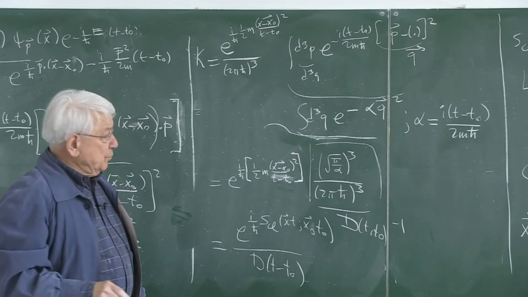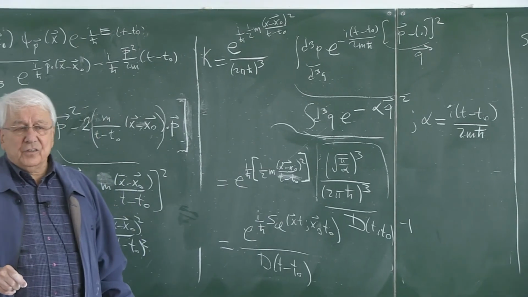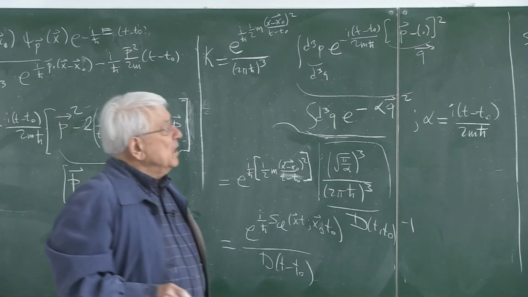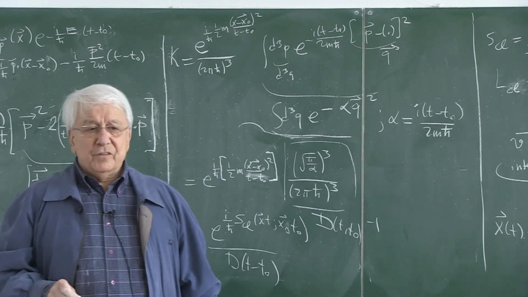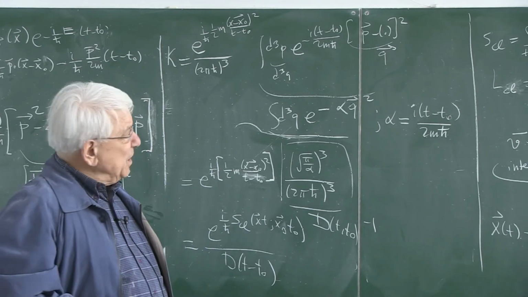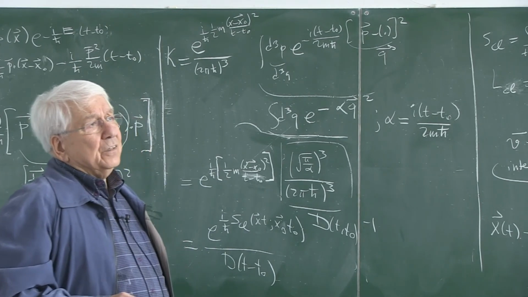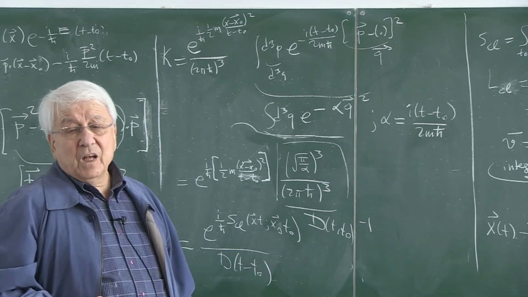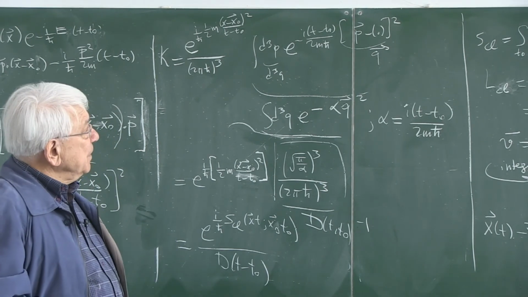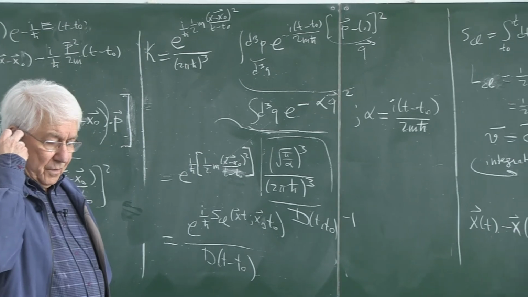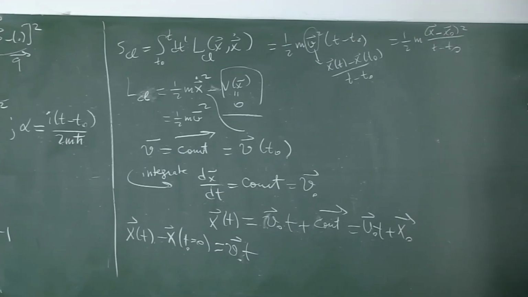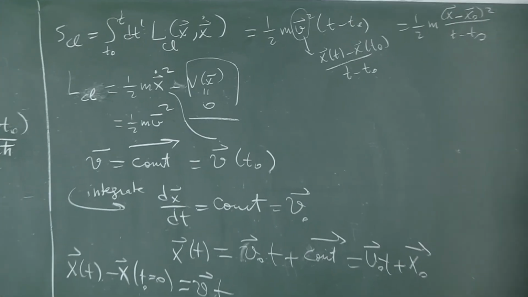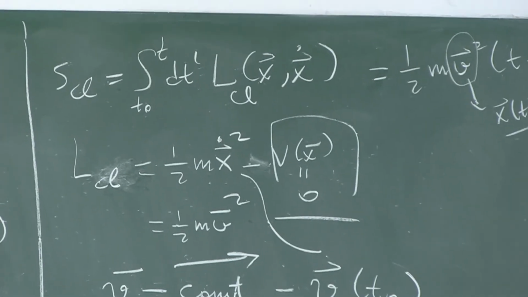e to the i over h bar S classical. Classical action is the time integral of the classical Lagrangian. Actually, that is what Feynman noticed when he was preparing his PhD thesis in the late 40s at Princeton under John Wheeler's direction. He saw a cursory statement in Dirac's famous book, Principles of Quantum Mechanics.